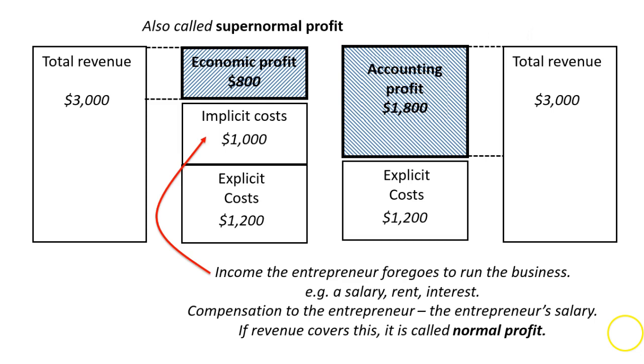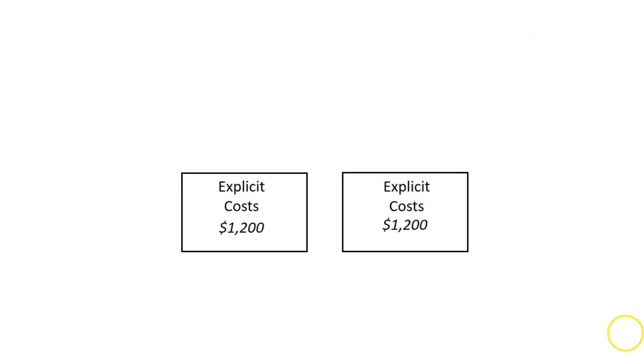So you might say, well, it's a distinction which doesn't really make a difference. Well, not true. Let's imagine a different scenario. Let's say the entrepreneur is buying the same amount of resources, land, labour and capital, as before, and so they have explicit costs of $1,200.